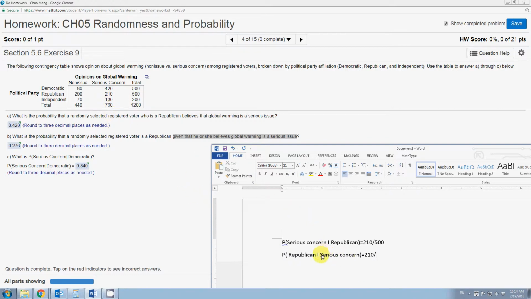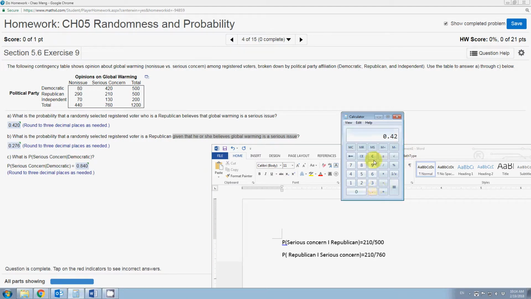Because the condition is serious concern, we need to find the total number of people who believe global warming is a serious concern. Let's go to this column, serious concern. The total number of people is 760.